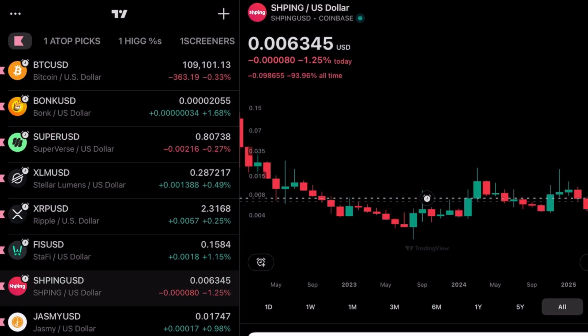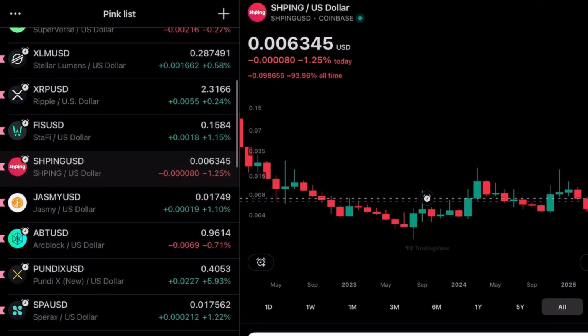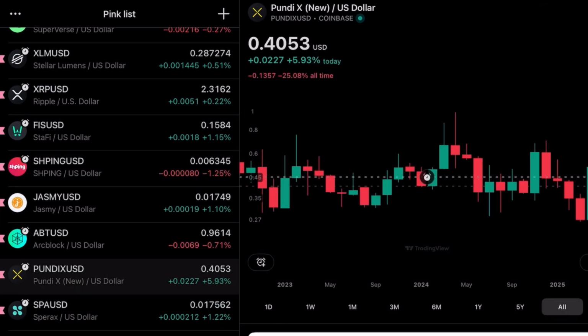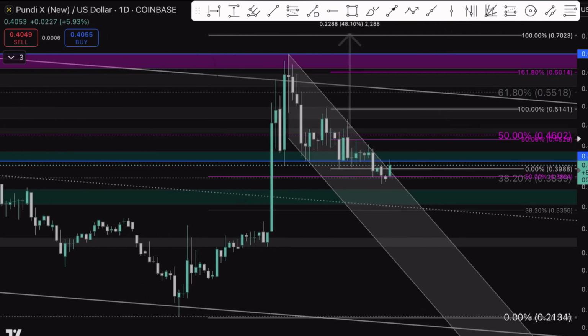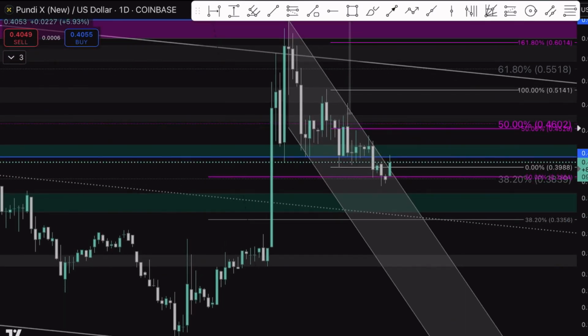Let me just check out this one, because this one usually does really well as far as potential. So it has come all the way back down to the 38% level and bounced off of this 50%.